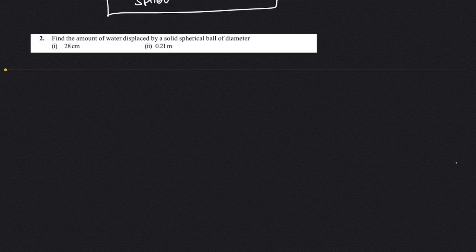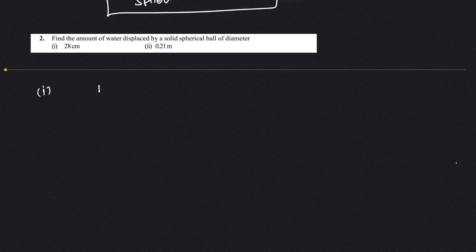Question number 2. Find the amount of water displaced by a solid sphere ball of diameter 28 centimeter first. This is a diameter, not a radius.